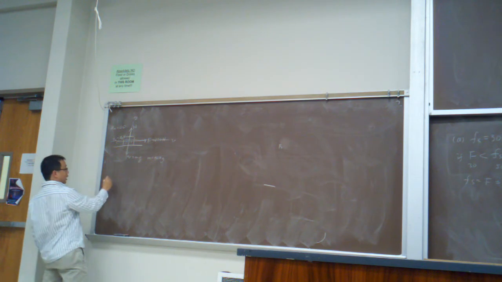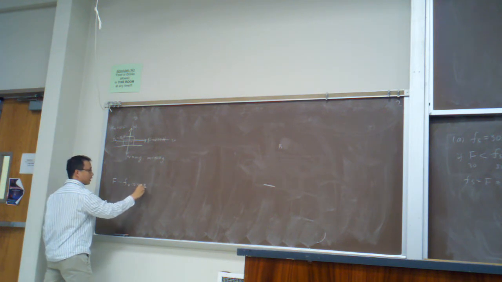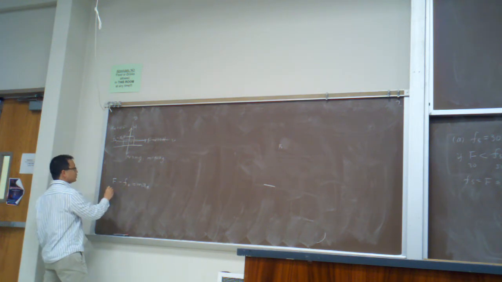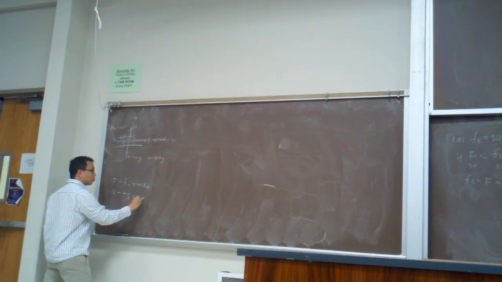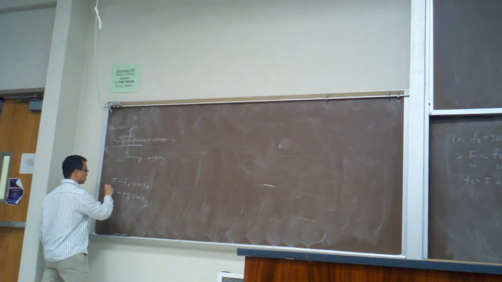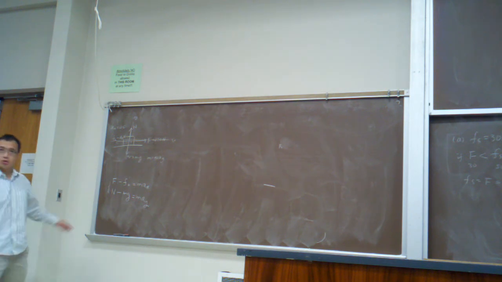Okay, so x direction, here it should be F minus fk equals max. And then y direction should be N minus mg equals may. Okay? Hold on a minute, then I'll ask you.